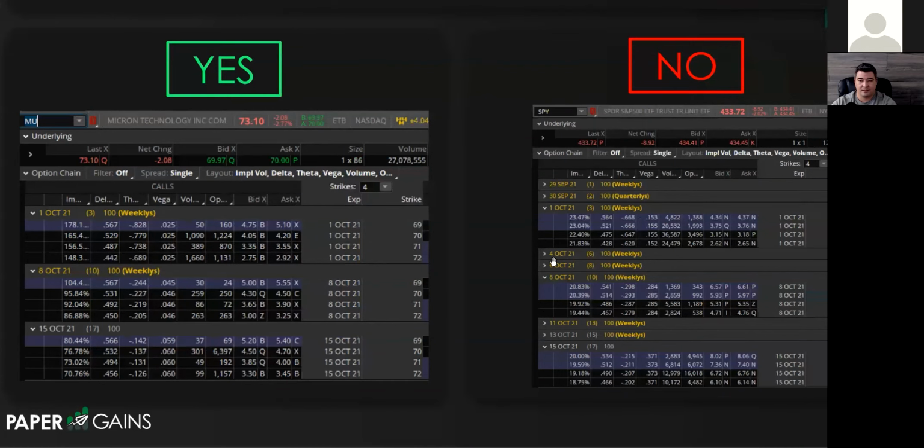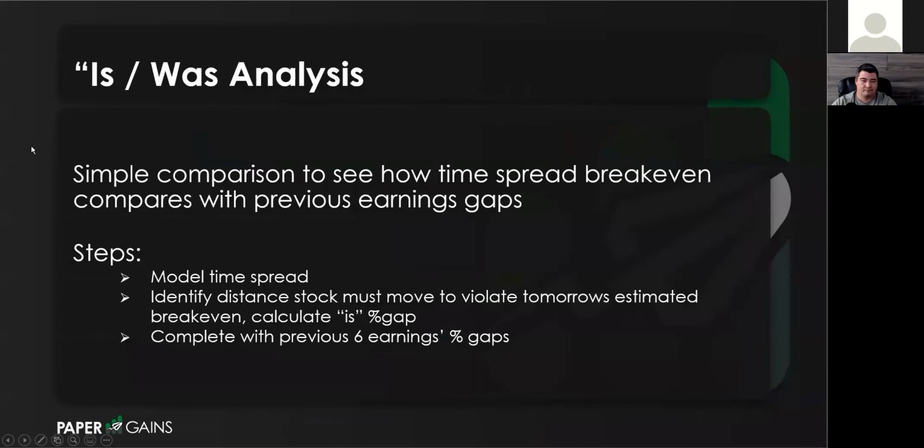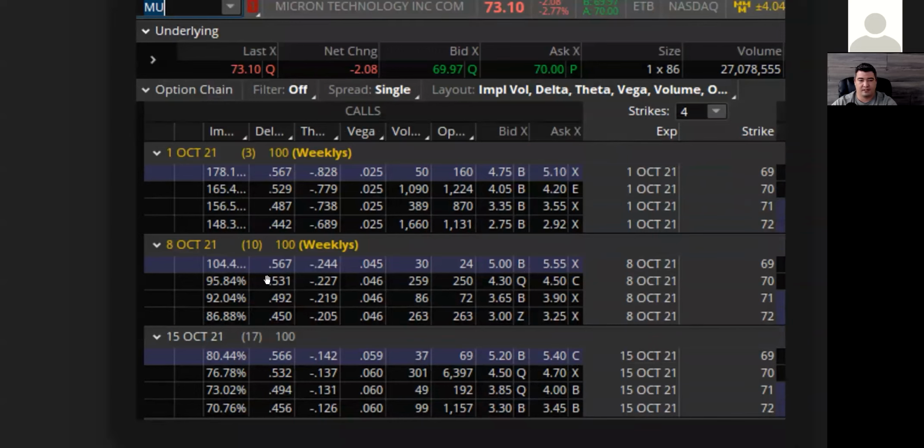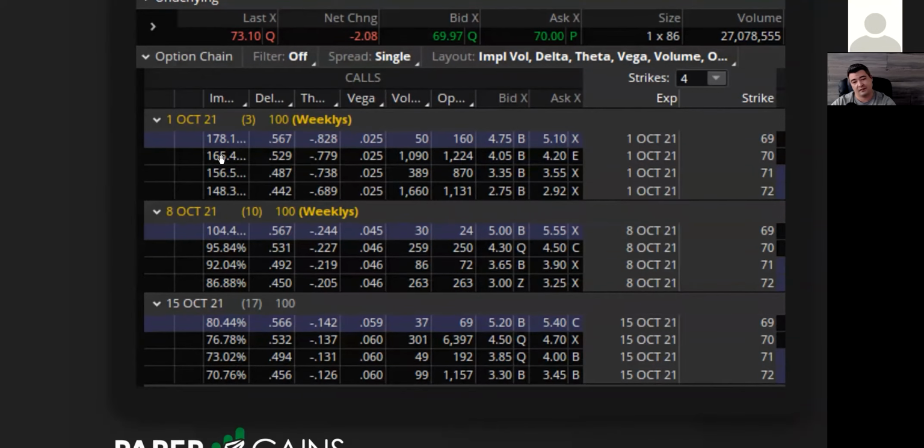If it's this, it's not really going to match the program. So to that end, let's see a simple comparison of how the time spread breaks even. We're going to be able to factor exactly where the volatility is going to land. If we're looking at something with 160% volatility for the shortest date to expiration, we're going to spit out a result that changes this by IV, and you're going to input into the analyzer exactly what this is going to get crushed by.